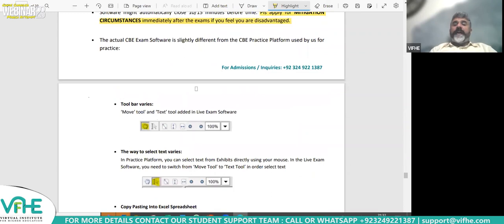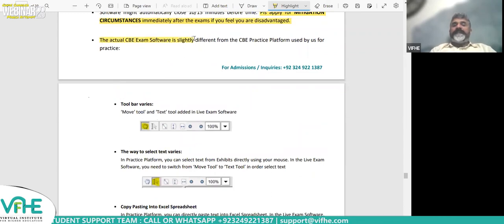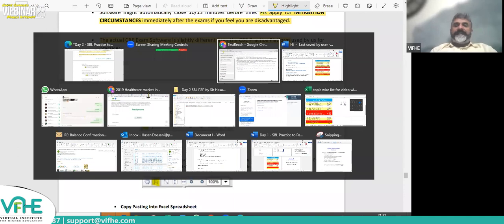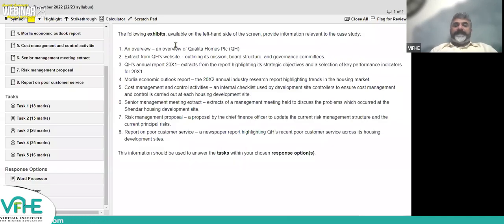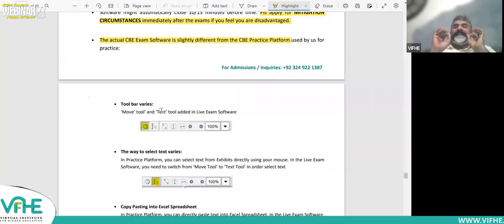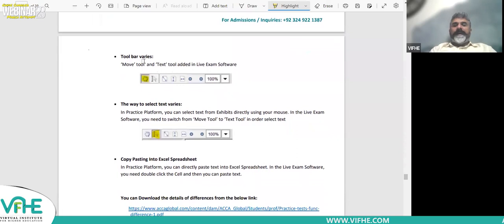And also the format. The actual CBE exam software is slightly different from the CBE practice platform. The platform which we are using right now is the practice platform, but the actual CBE platform is slightly different, not a lot. The toolbar varies.